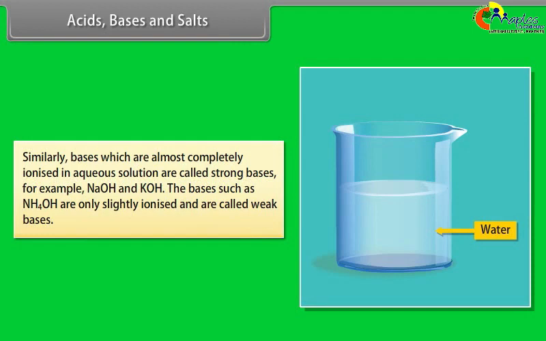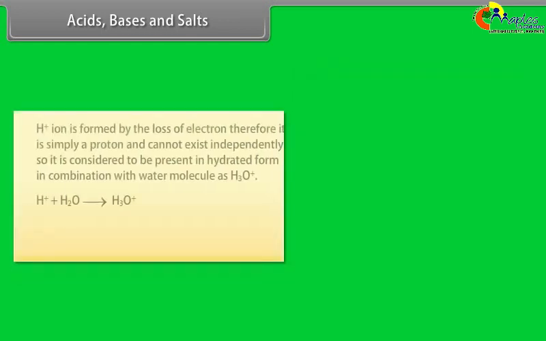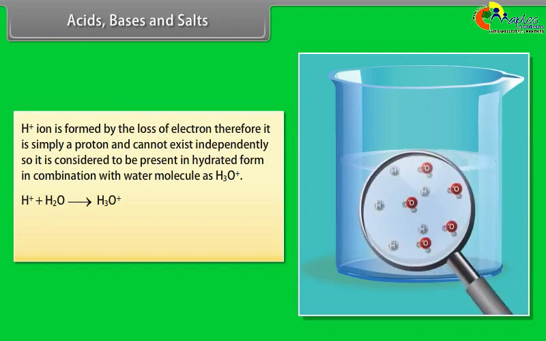Similarly, bases which are almost completely ionized in aqueous solution are called strong bases. For example, NaOH and KOH. The bases such as NH4OH are only slightly ionized and are called weak bases. H+ ion is formed by the loss of electron, therefore it is simply a proton and cannot exist independently.